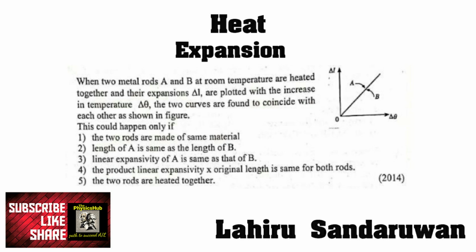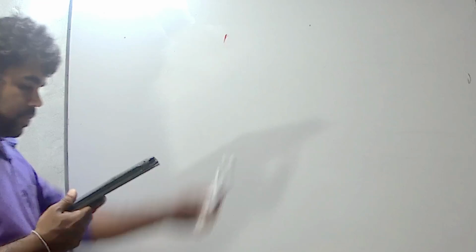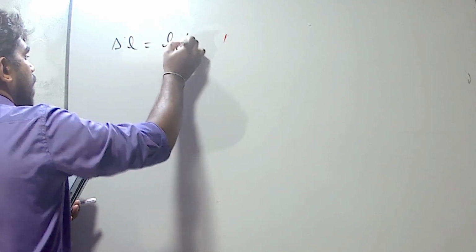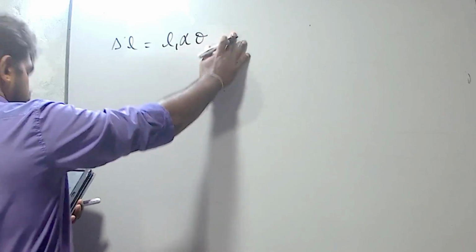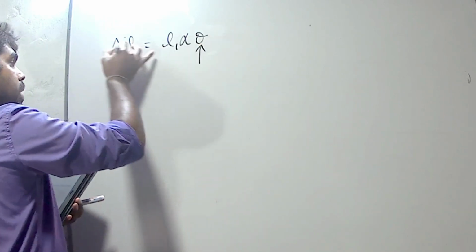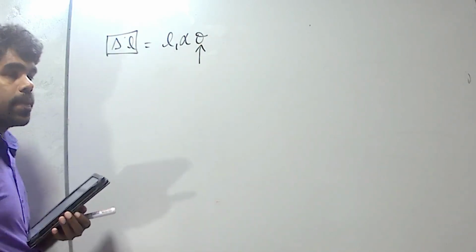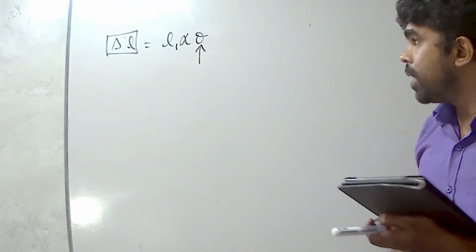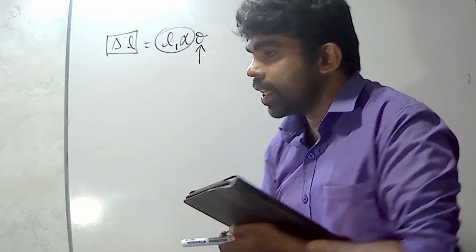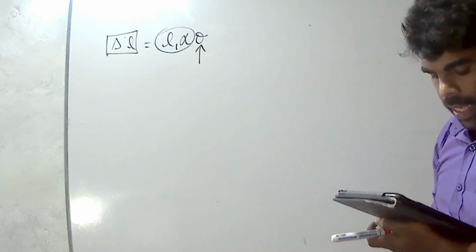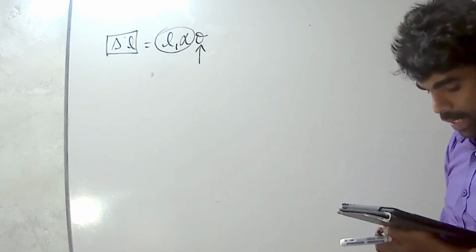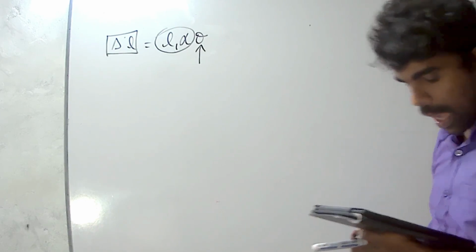It could happen only if, we can consider delta L equals L1 alpha theta. For any temperature, there is a constant delta L value for both rods. It means this product should be constant. L1 alpha should be constant. Then the product of linear expansivity and original length is the same for both rods. Answer is 4.